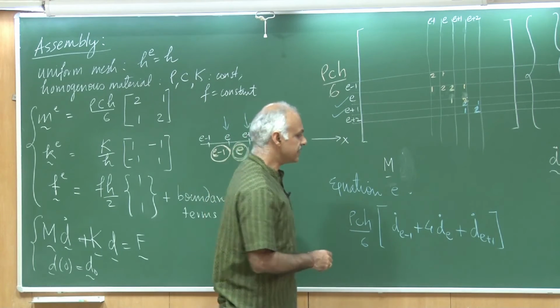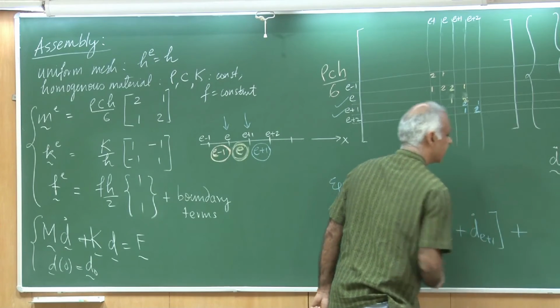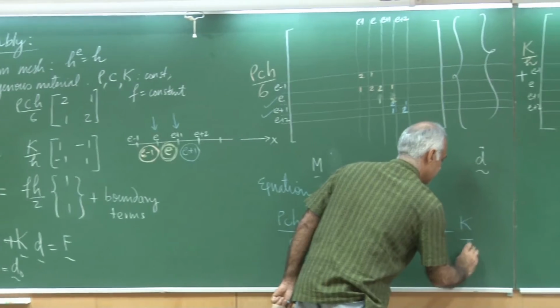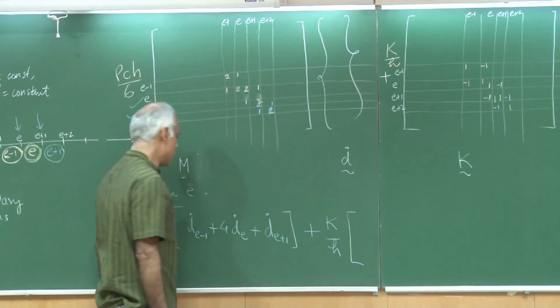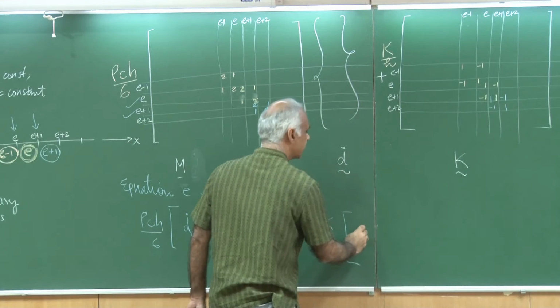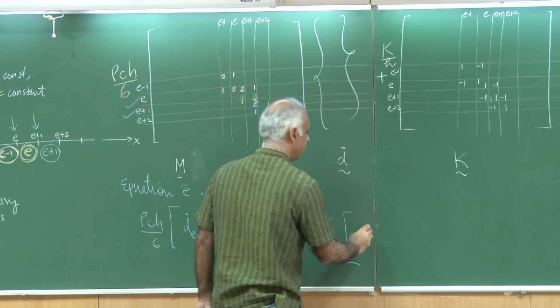Now, from the stiffness, let us take their contributions as well. So, K times H is on the outside. This is minus 1. So, this would multiply E minus 1.